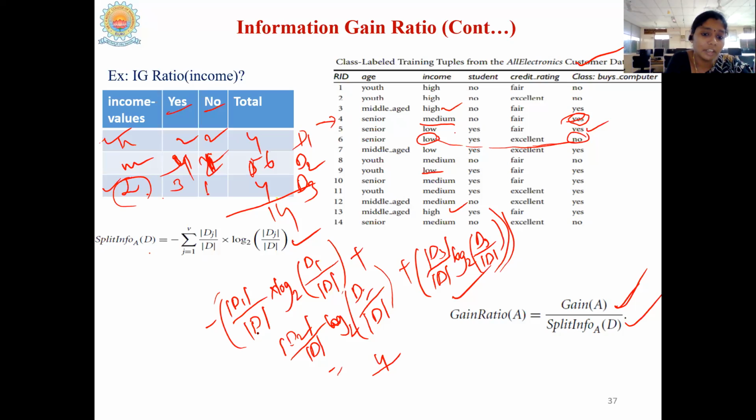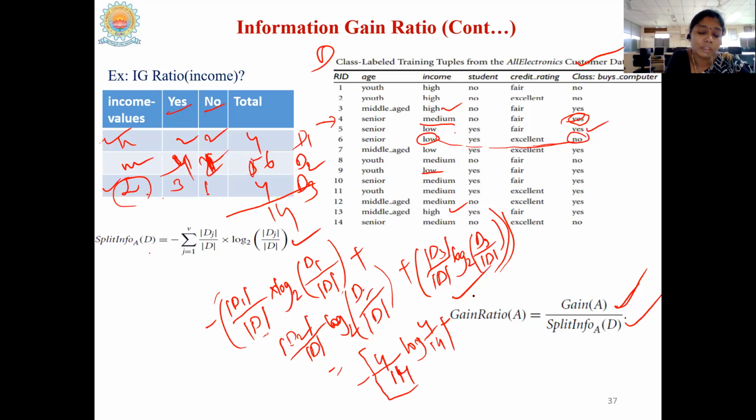Out of 4, how many tuples are there in D? D is nothing but this, the total data set. 14. Right? A big minus is there in front of this. 14 log. Again 4 by 14, right? 4 by 14 plus.